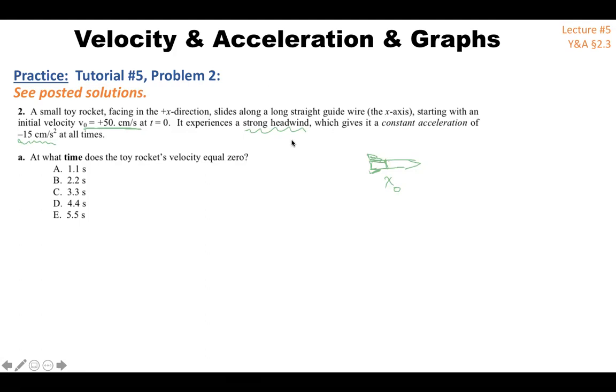And it's on some guide wire, right? And it starts out with an initial velocity of positive 50 centimeters per second. And then as time goes on, it's going to slow down because there's an acceleration of negative 15 centimeters per second per second at all times.